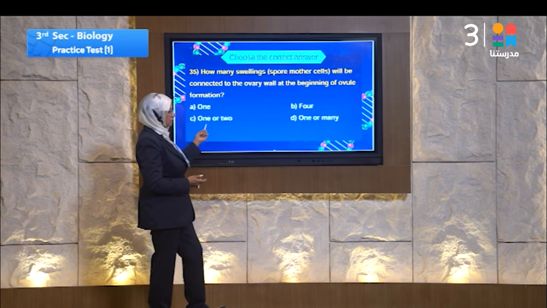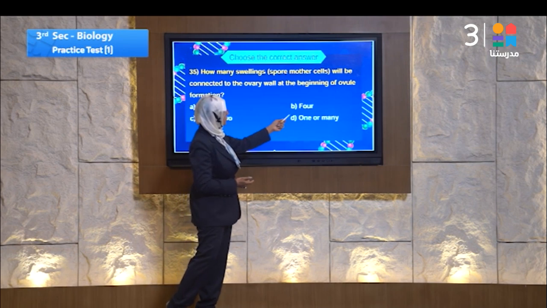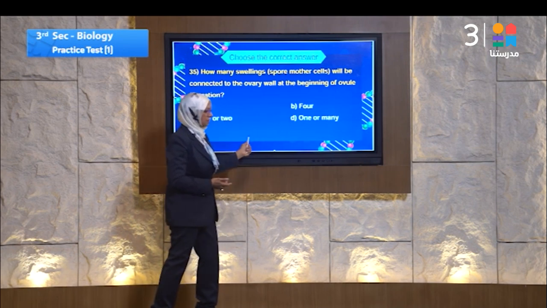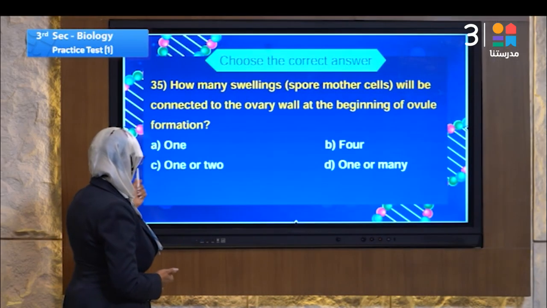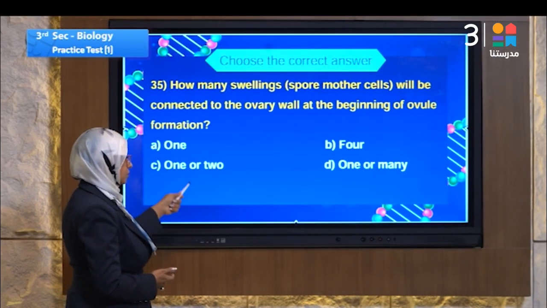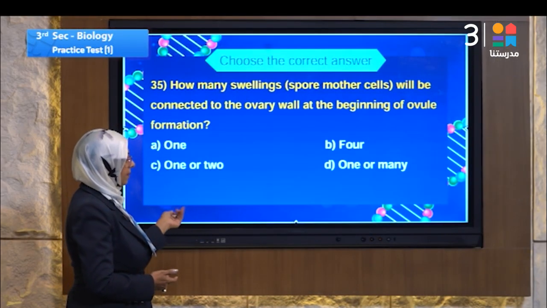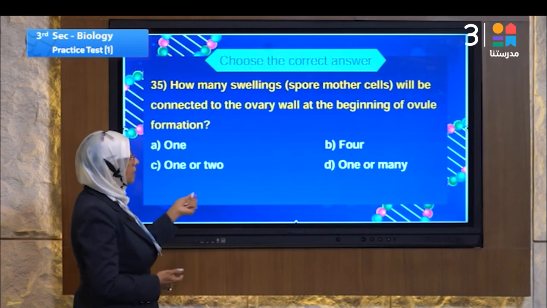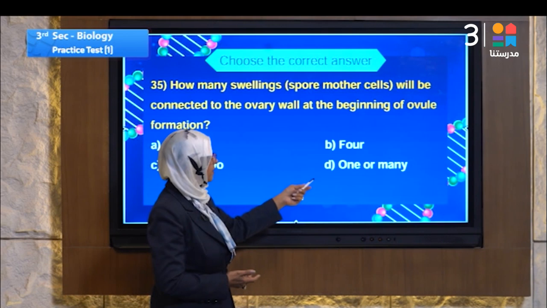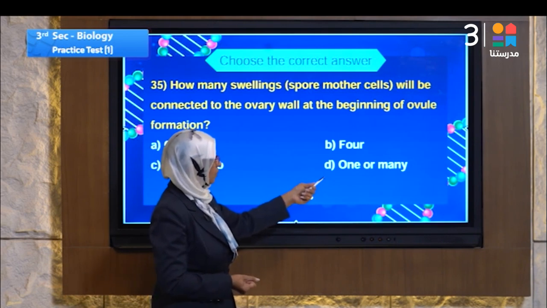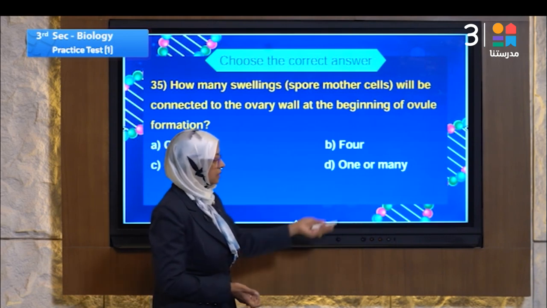It's not 1. 1 in peach, yes, in mango. 2, number B. 4 in a bee plant, yes. 1 or 2 in some plants either. 1 or more, maybe as a guava, it will be 1 as a mango or more as a guava.